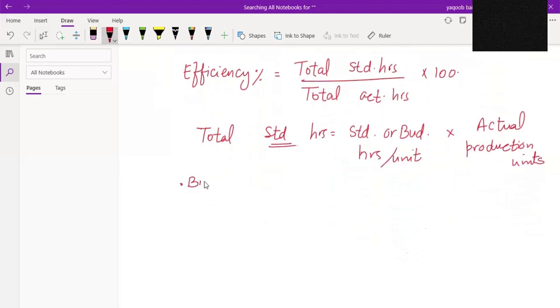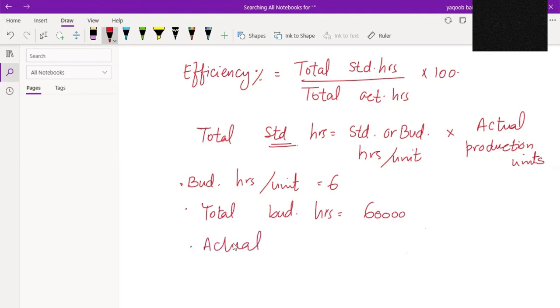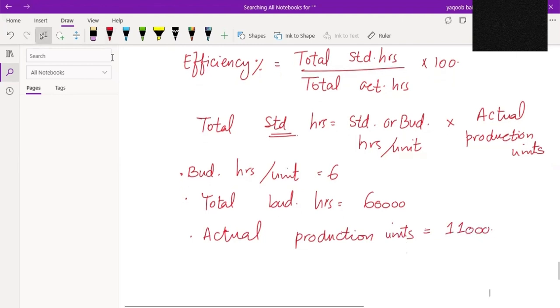Suppose we have budgeted hours per unit 6, total budgeted hours 60,000, and actual production units equal to 11,000. So now we will calculate efficiency ratio.